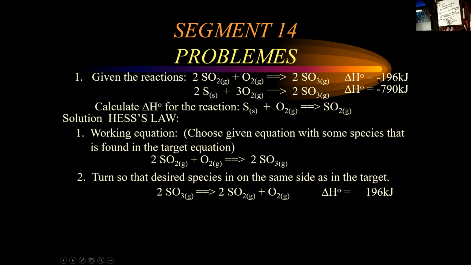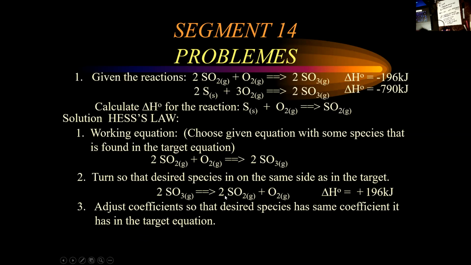It was exothermic one direction, it's endothermic the other. But that's still bad. I want one of these instead of two of them. So I need to divide this equation through by 2. So I divide that through by 2, and well, I don't guess I have to for this one.